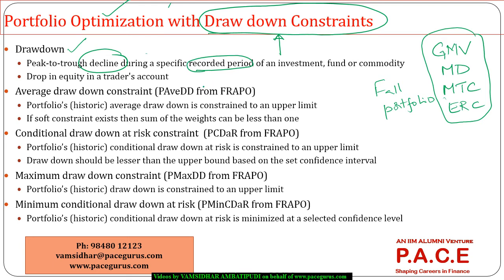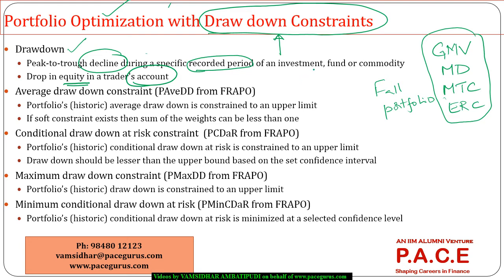I am specifying what the decline in the portfolio is during a particular period, whether it is of an investment or a fund or a commodity or any of these things. So what is the amount of decline? How much is typically permitted? So we are talking about the drop in the equity of the account, the value of the account, and to what extent I can allow that drop. Those are the drawdown constraints.